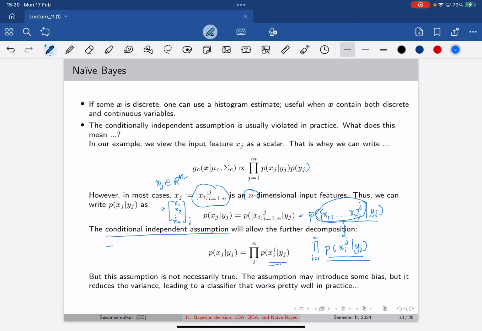But this assumption is usually violated, or not necessarily true, because it is possible to have a feature vector whose coefficients are somewhat correlated with each other. Just like our previous example about credit card default, the fact of being a student initially gives you a certain chance that your credit card will default.